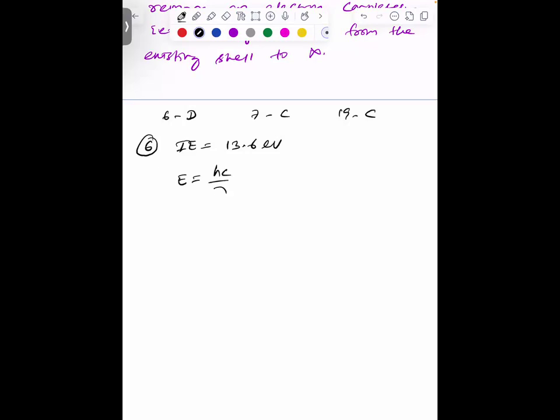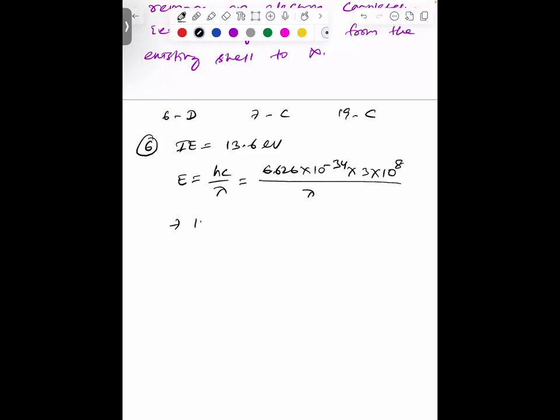E equals hc by lambda. So put 6.626 into 10 to minus 34, then 3 into 10 to 8, divided by lambda.